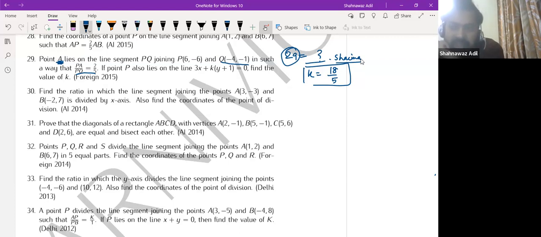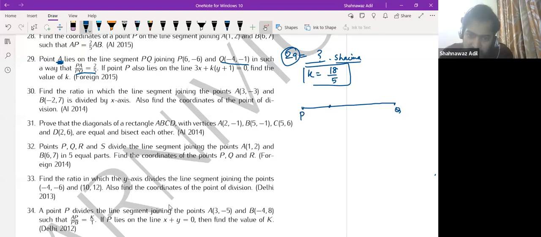Aisha and Amira, carefully read this question. If we go by this question, K is 2. Aisha, you are getting A, which is minus, and K, you are getting 2.